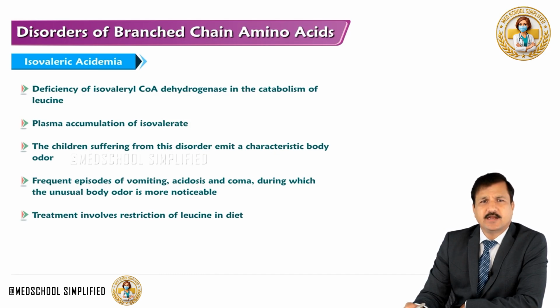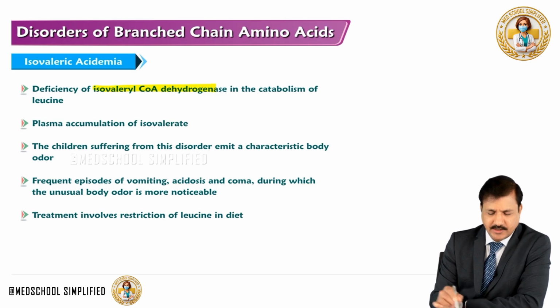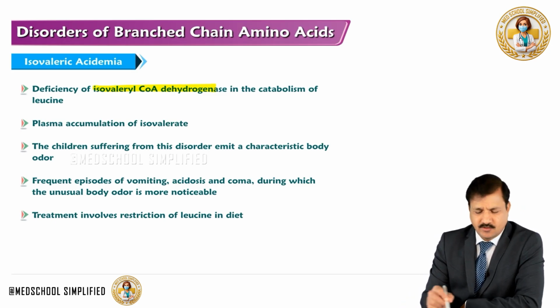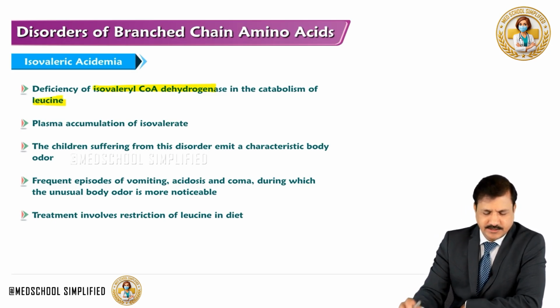Isovaleric acidemia is because of deficiency of isovaleryl CoA dehydrogenase, which is involved in the catabolism of leucine.